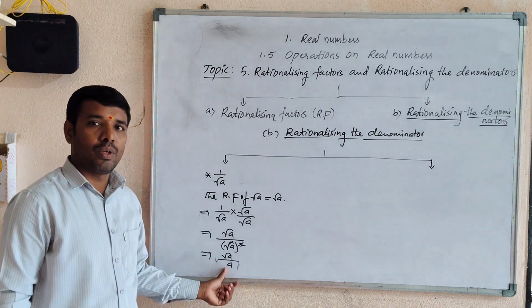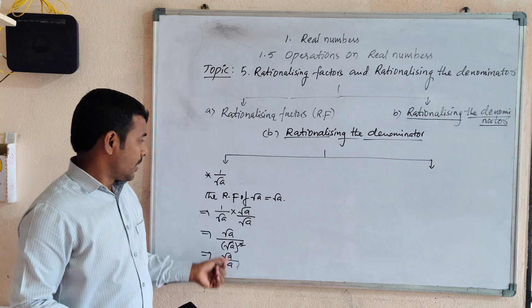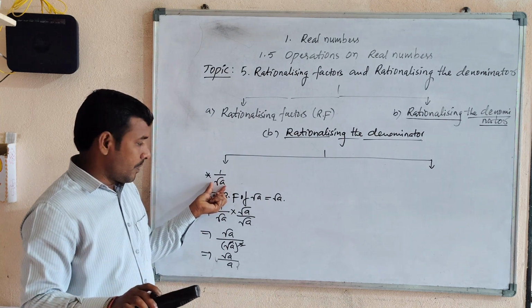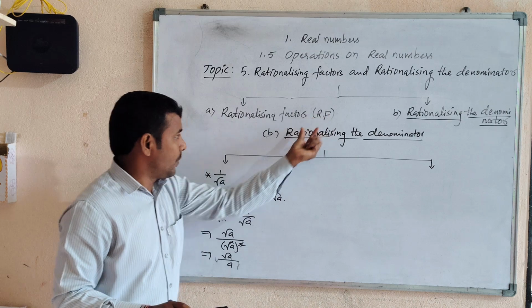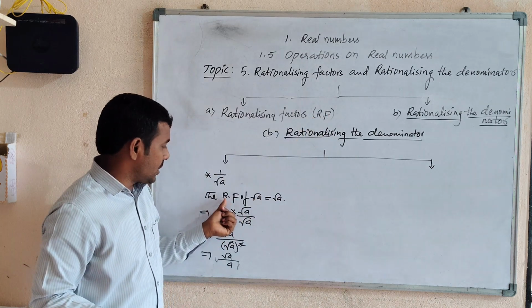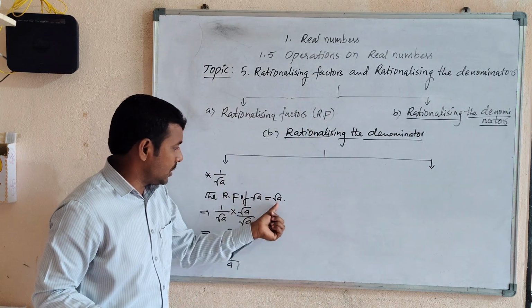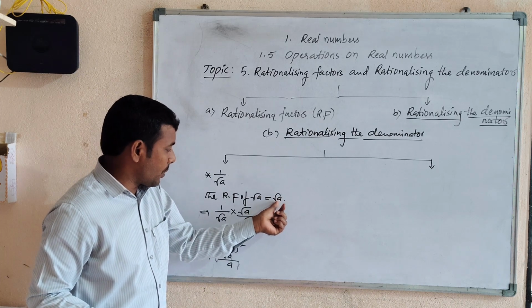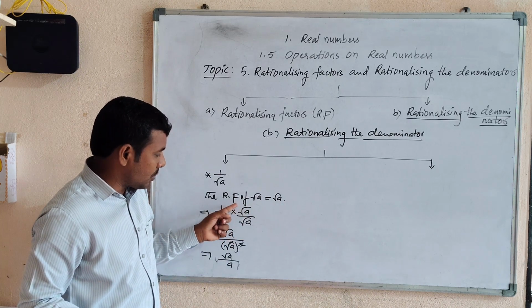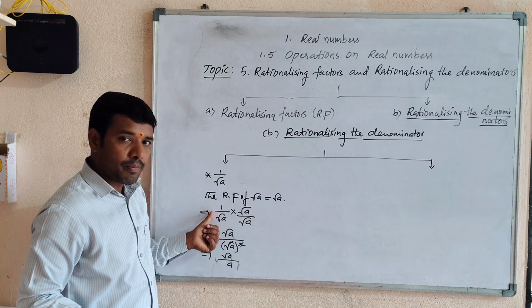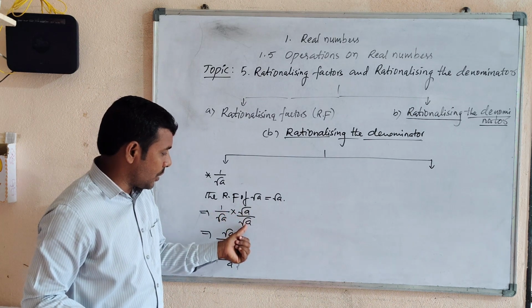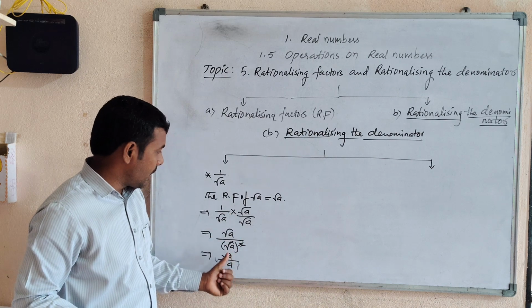Now what happened there? Here the denominator was an irrational number. With the help of the RF, the rationalizing factor of the denominator is square root of a. With square root of a, you multiply the numerator as well as the denominator, square root of a by square root of a. Through that, what happened?